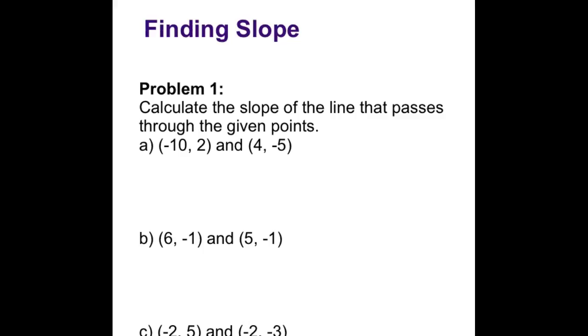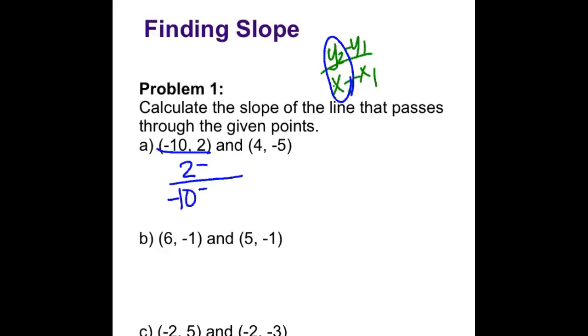Finding slope. So we have a formula for finding slope. I gave it to you earlier. It's y2 minus y1 over x2 minus x1. Now, all that really matters is that the x and the y that line up are from the same ordered pair. So as I do this first one, I might start with this first ordered pair. I'm going to take the y value 2, and right below it, I'm going to put the x value -10, and now I'm going to subtract the other values.